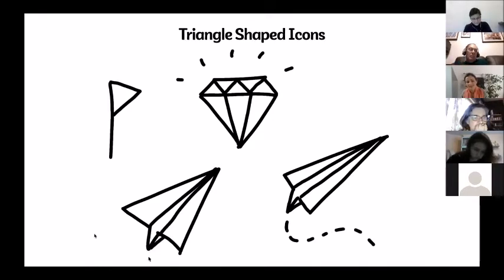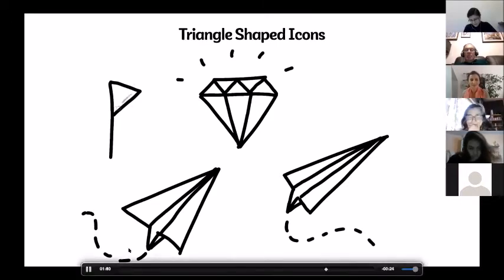It really should also look spontaneous and imperfect for me. Again, we use some color.